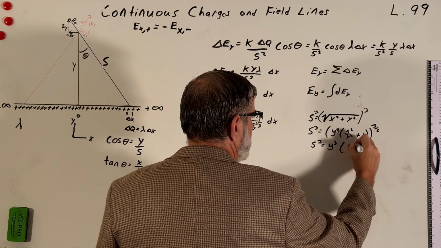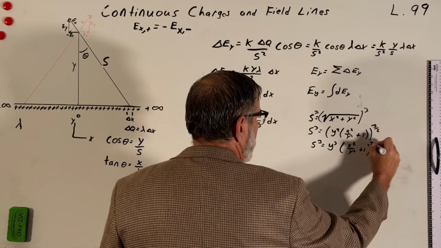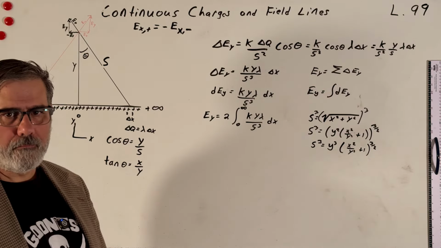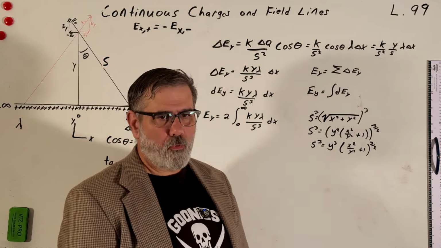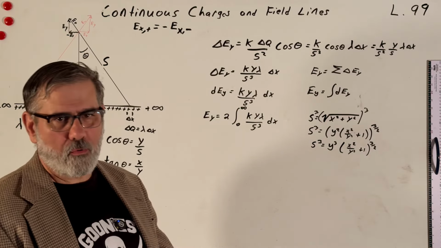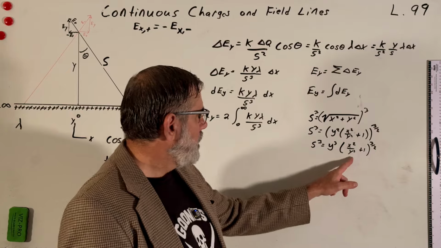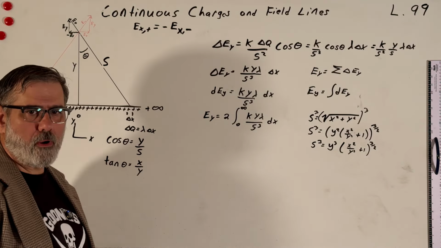Times x squared over y squared plus 1 to the 3/2 power. Yes? Because y squared to the 3/2 power is just y cubed. Yes? Because the square root of y squared is y, and then you have to cube it, so it's y cubed. So we get that. But x squared over y squared, that's just the tangent squared of theta, yes?